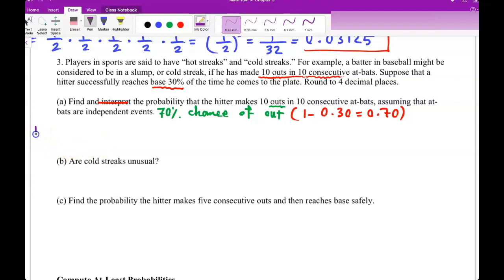Now finding the probability of 10 outs. I'm using 3 dots, so I have 1, 2, up to 10.